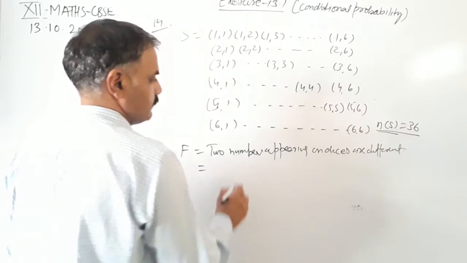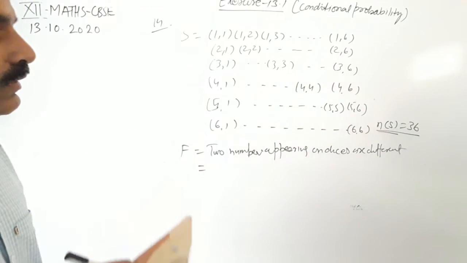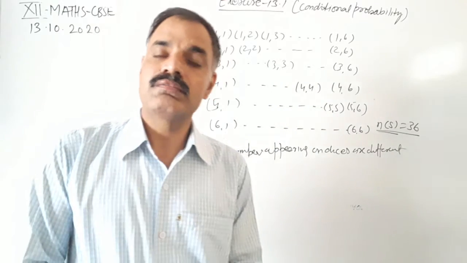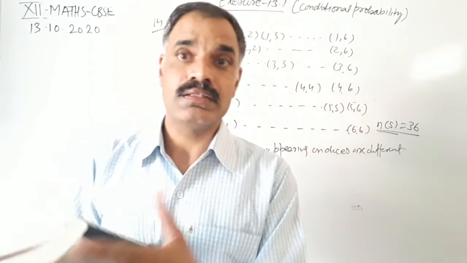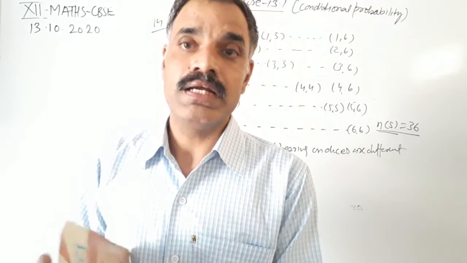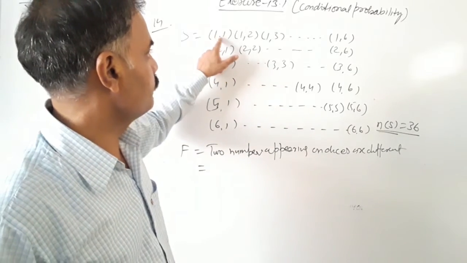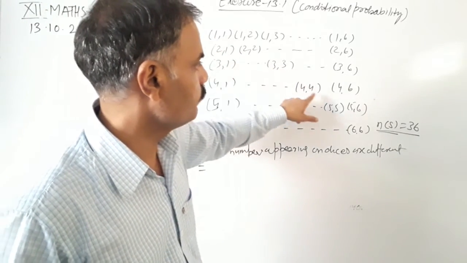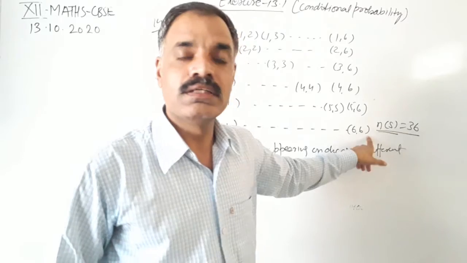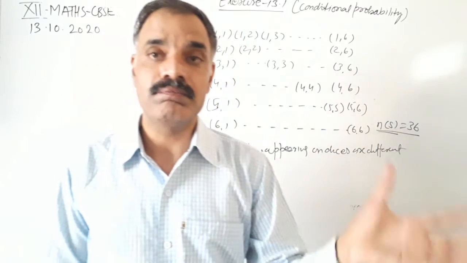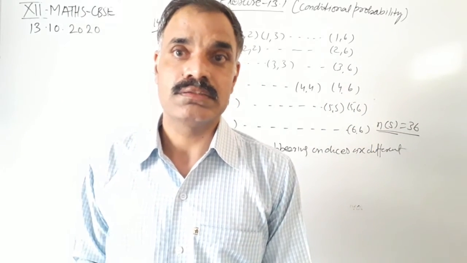How many doublets are there? 6 doublets: 1 1, 2 2, 3 3, 4 4, 5 5, 6 6. These are the doublets having the same number on both dice.